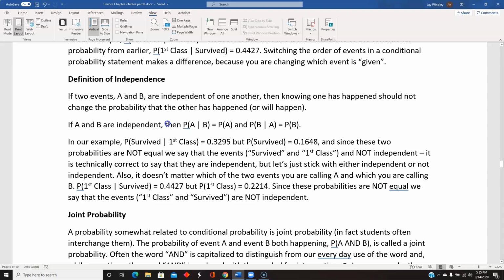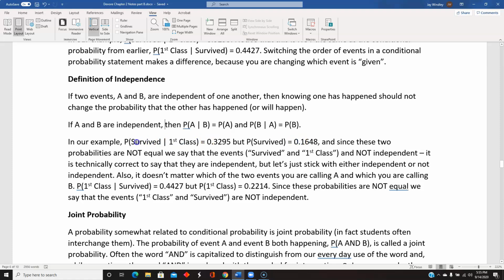So in our particular case, in our example, the probability that someone survived, given that they're in first class, is about 33%, but the probability of just survived is 16%.